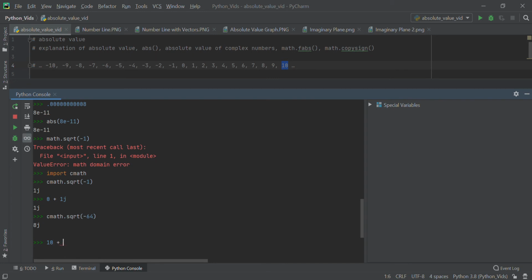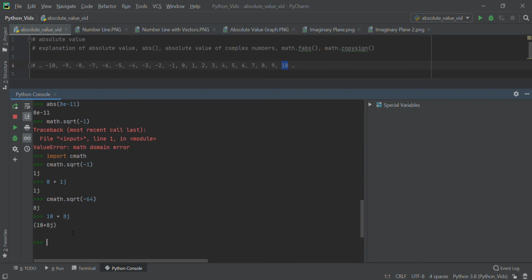You can't combine them into one neat figure. So the real part here is 10, because we're adding 10 to it, and then 8j is our imaginary part, from the square root of -64. And you see Python can do this no problem. 10 plus 8j, it's like, yes, I understand what you're telling me. You want this complex number 10 plus 8j. Okay.